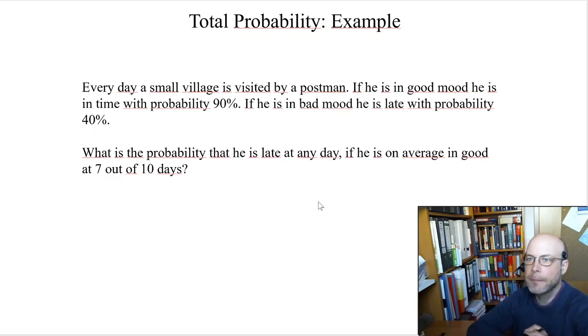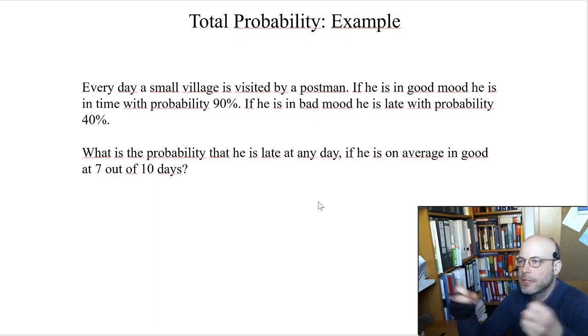So what's the time? Okay. So every day a small village is visited by a postman, and if he is in good mood, he will be in time. You will get your letter in time with probability 90%, and if he is in bad mood he is late with probability 40%.